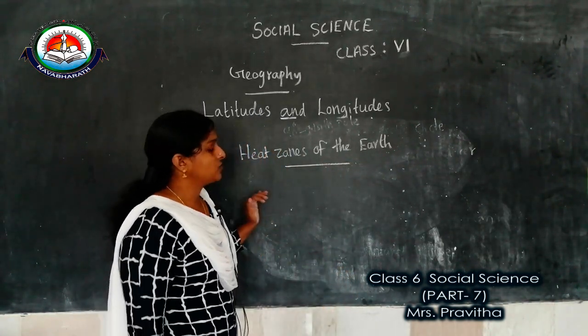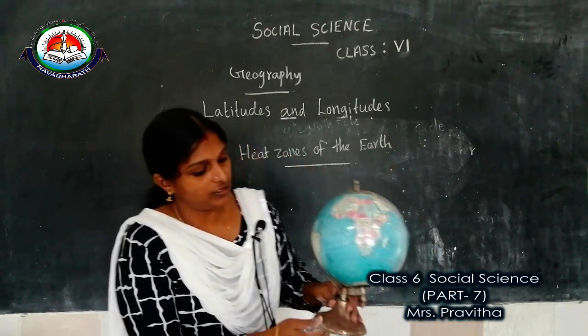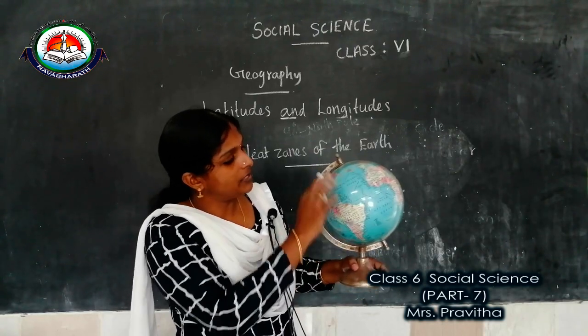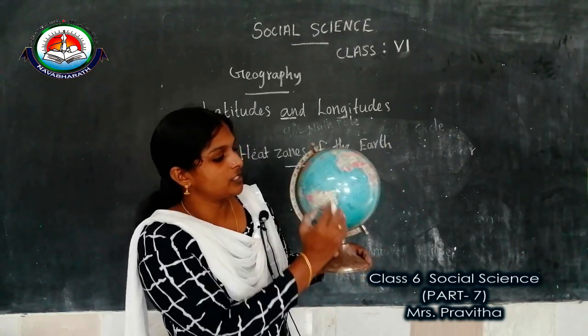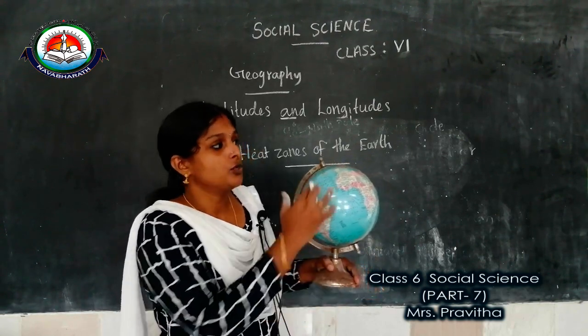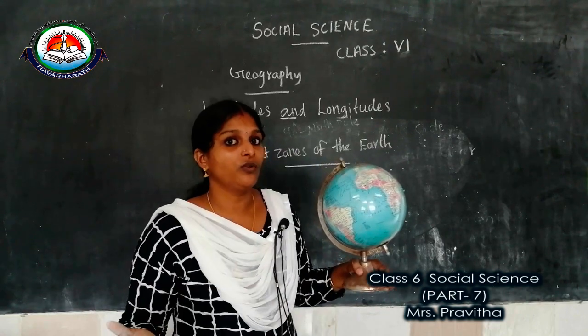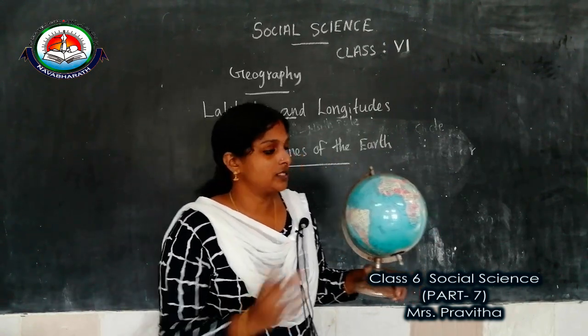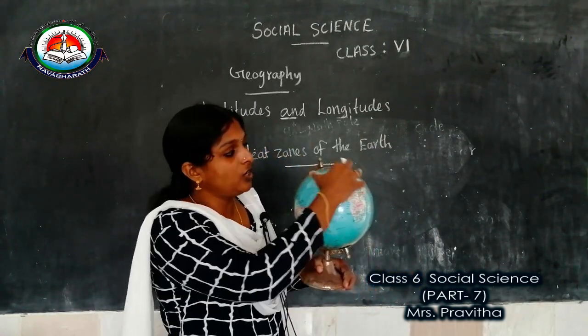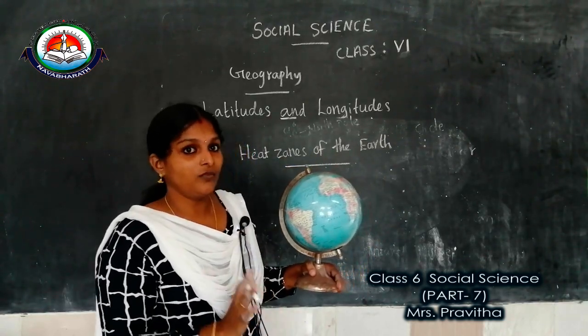Already we discussed, no, children, in the map and globe you can see the position of the earth. We are spherical in shape. Because of this spherical shape, we know the sun is giving sunlight for us, and this sunlight is not getting equally in all areas.